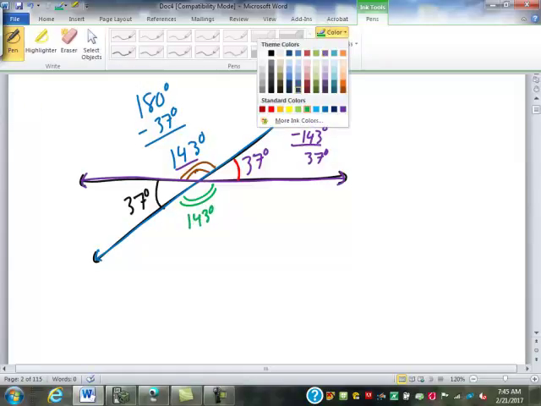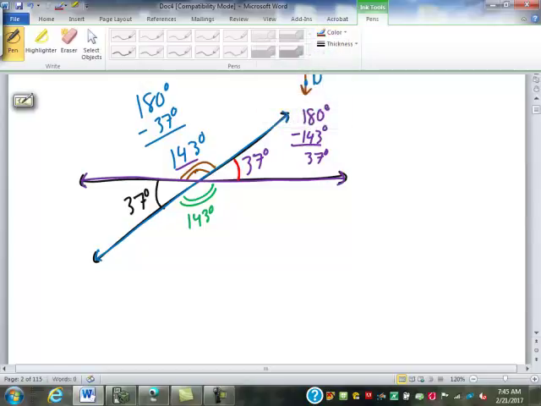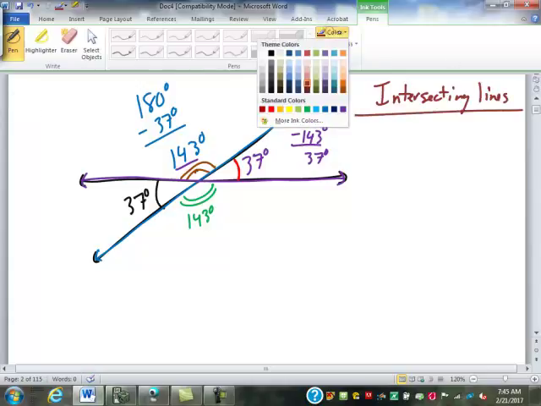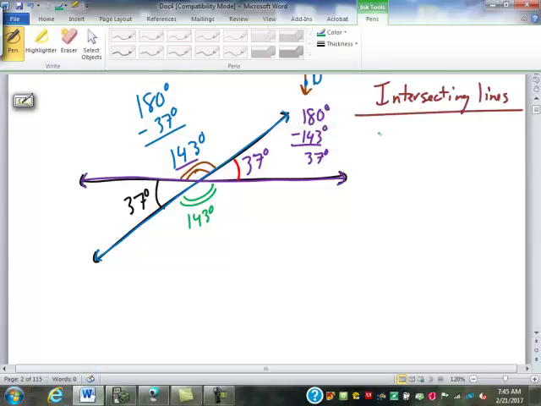When two lines intersect, it only forms two distinct angles. The angles created are either supplementary or they are equal. The equal angles are what we call vertical angles.